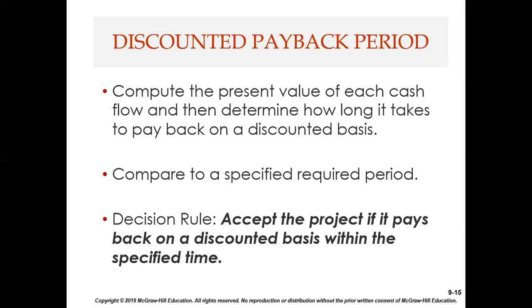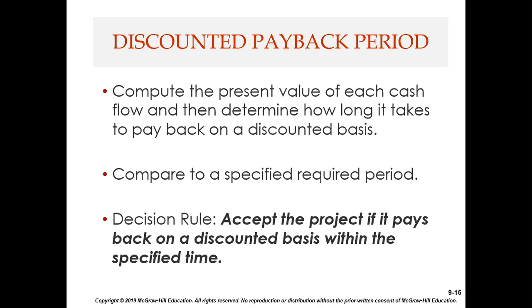The next method is called the discounted payback period. So now we're going to compute the present value of each cash flow and then determine how long it takes to pay back on a discounted basis. You compare this to some specified required period of time, and you accept the project if it pays back on a discounted basis within the specified time.